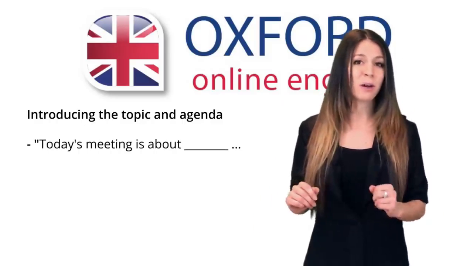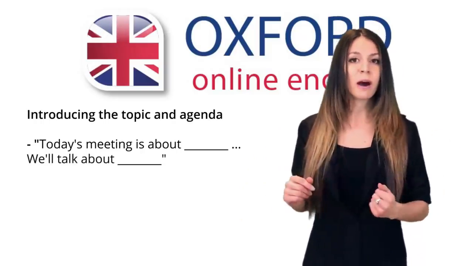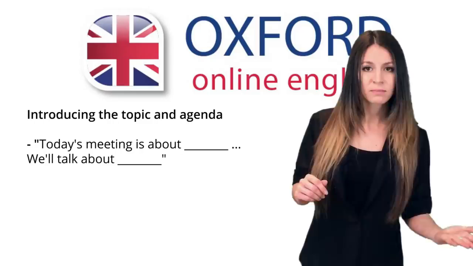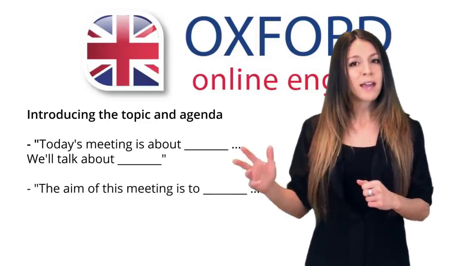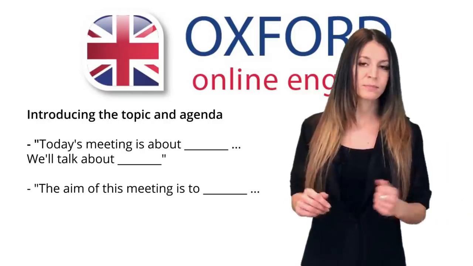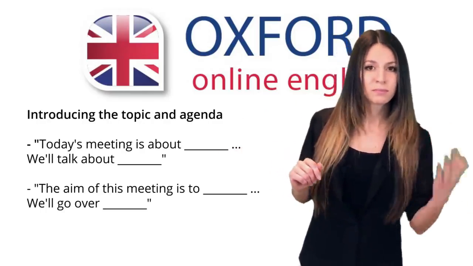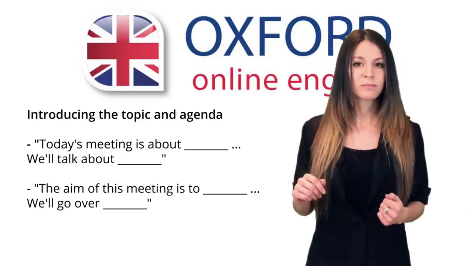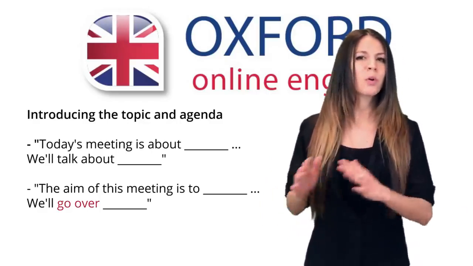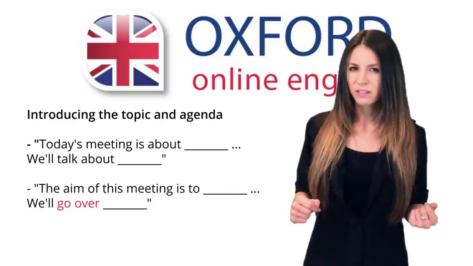Today's meeting is about, we'll talk about, the aim of this meeting is to, we'll go over. When you go over something, what do you think that means?